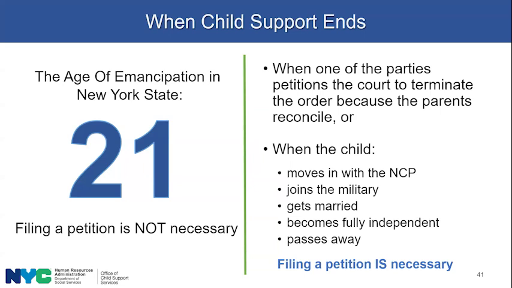Now, I did see a question go by in chat with regard to, can child support be extended beyond the age of 21? And the answer to that is yes. It can be extended for 2 years if the child is going to college, if the court is notified before the child is 20 and a half.